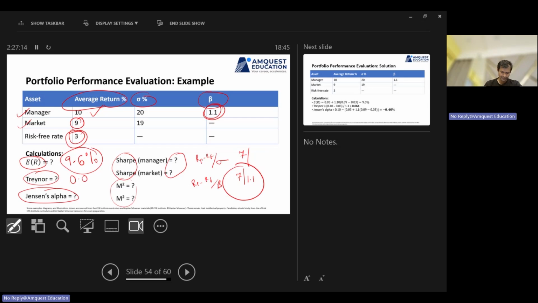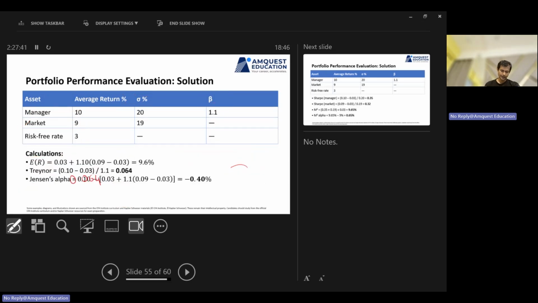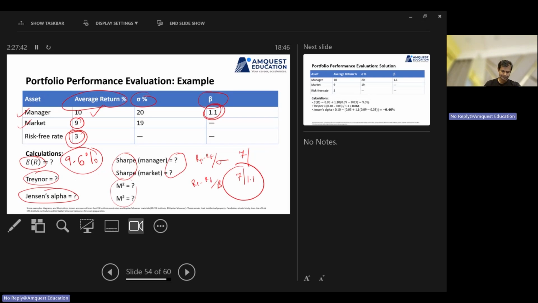So I just have a question here. For the Treynor ratio, do I use 0.1 or 0.096? Good question. Now, no. For the Treynor ratio, the ratio is actual return minus actual risk-free. So if you see the formula, it's telling you to look at the return earned, not at the expected return.